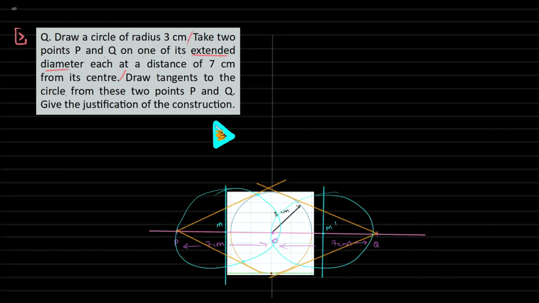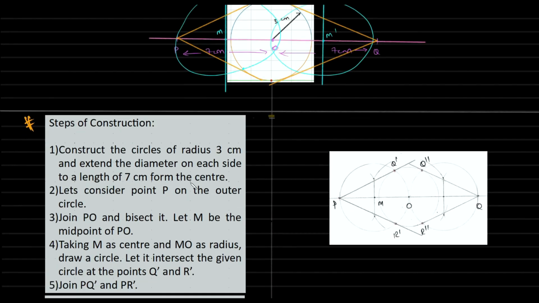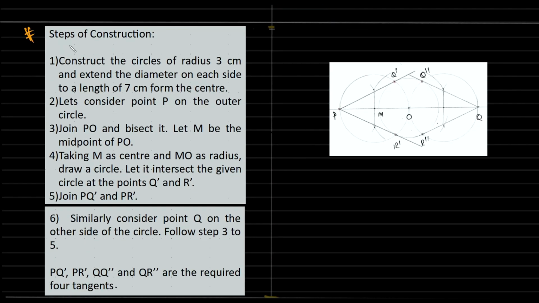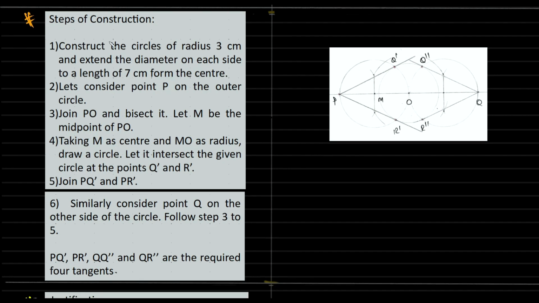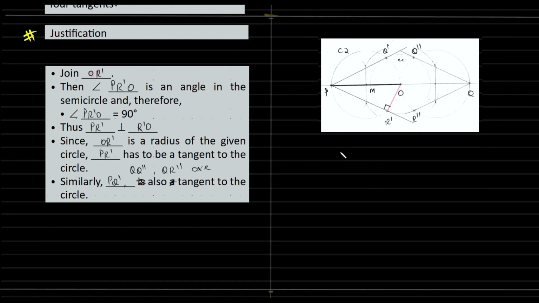So this is your thinking, how to go about doing a question, then do the construction, then see to it that you write the steps of construction by labeling the diagram. So this too has to match. Justification, try to keep it simple.